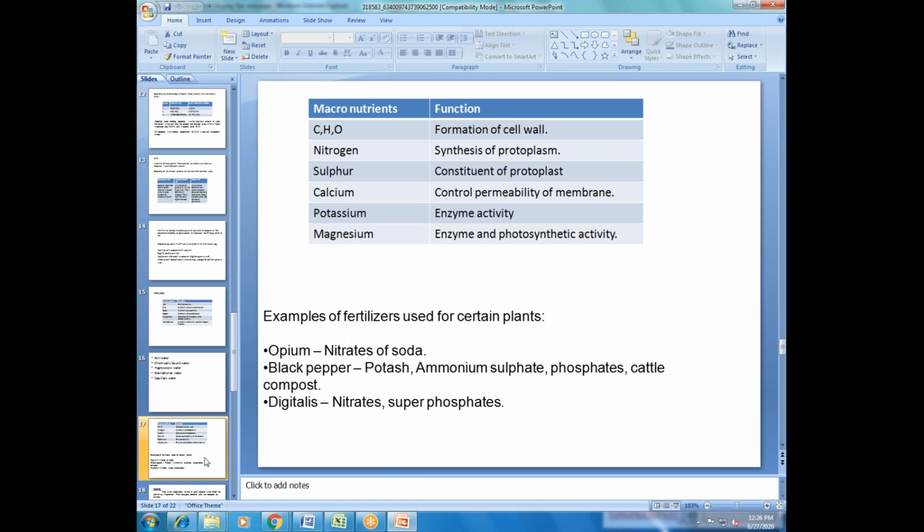If you need nitrates, do alternative cropping. This time you grow leguminous plants, any plant of the Leguminosae family. You grow it once, then remove it, then grow the digitalis. Then the addition of nitrates is probably not required, which we are not doing. That's why we give nitrates, superphosphates, everything externally.